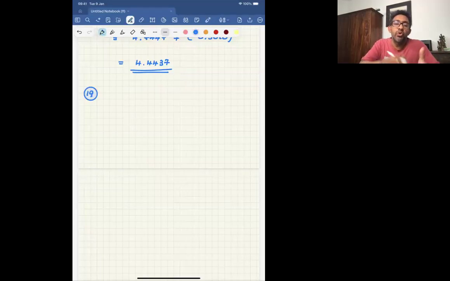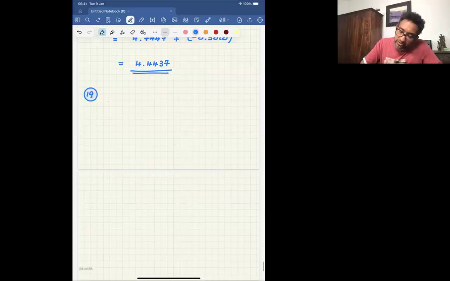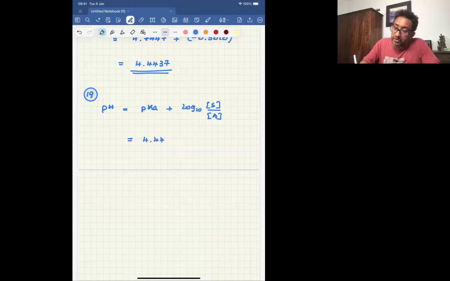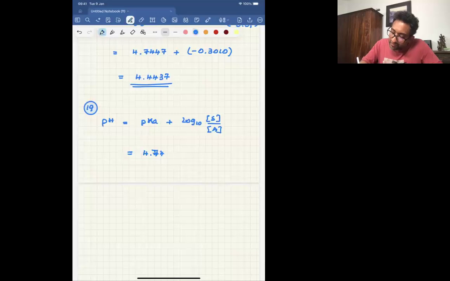Ethanoic acid and ethanoate both mixed together, it's a buffer solution. So pH is again pKa plus log10 of salt divided by acid. pKa is minus log of 1.8 × 10^-5, which is 4.7447, the earlier value that we have used.